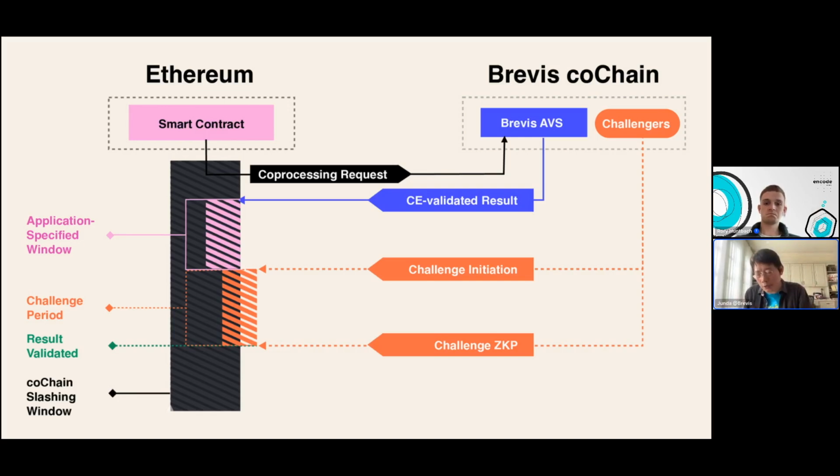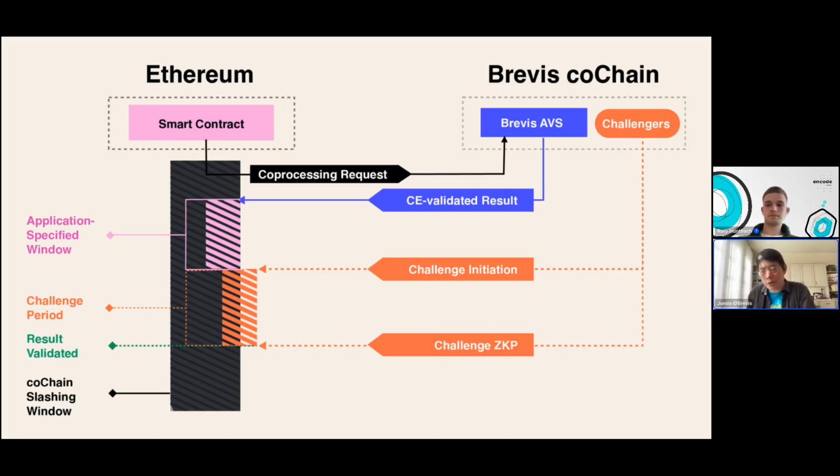Different projects have different needs. If it's a bridge, it might be more cautious about how the other event has been proven. But if it's something that inherently doesn't carry too much value, they can go with a much shorter application-specified window.